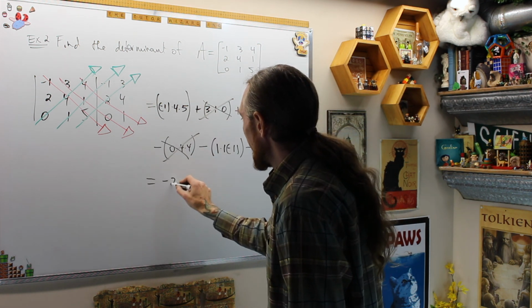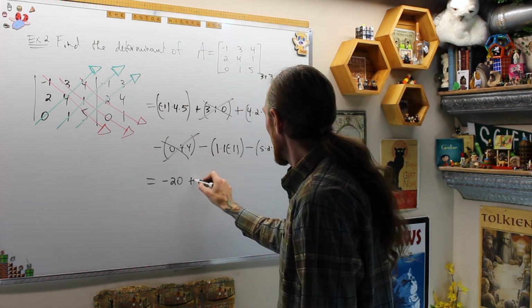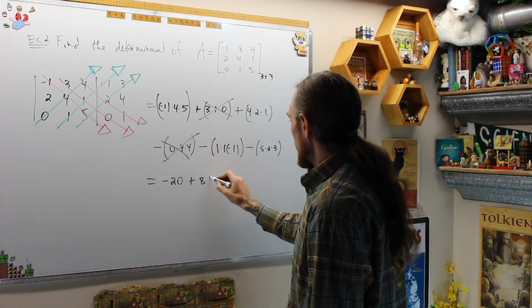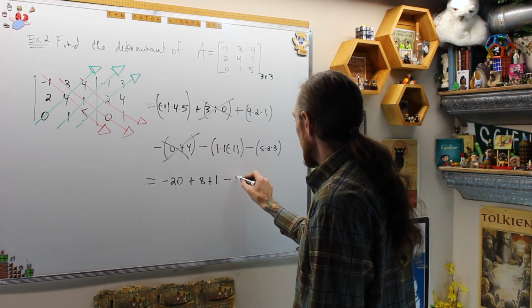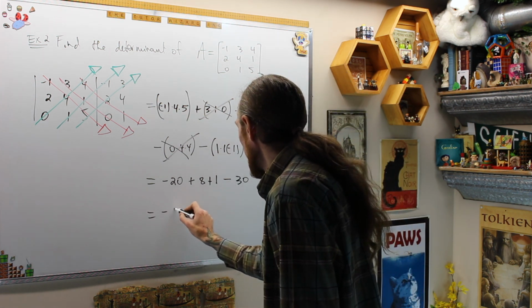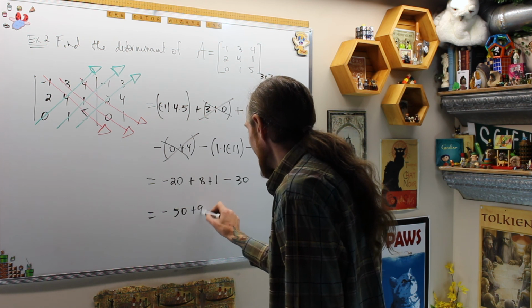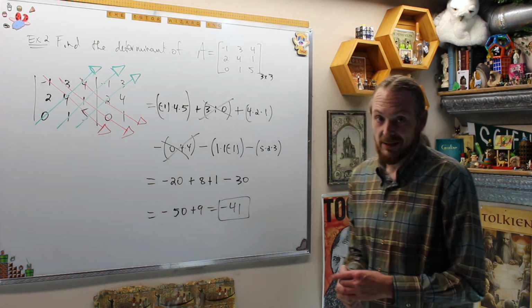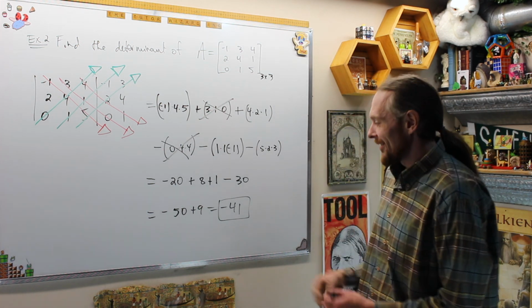This is now equal to -20, be careful, plus 8, plus 1, minus 30, which is -50, plus 9, which is -41. Ooh, that's what I got when I did this ahead of time to make sure it would be right, so good. I'm a wizard.